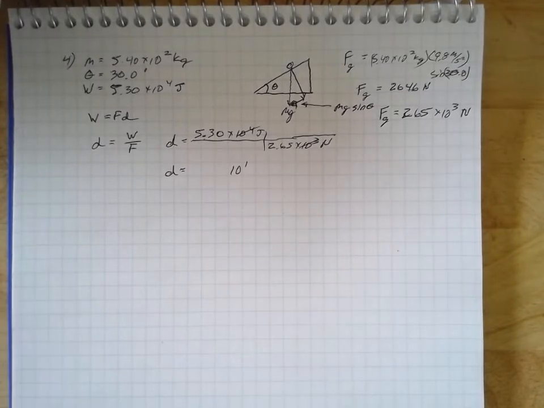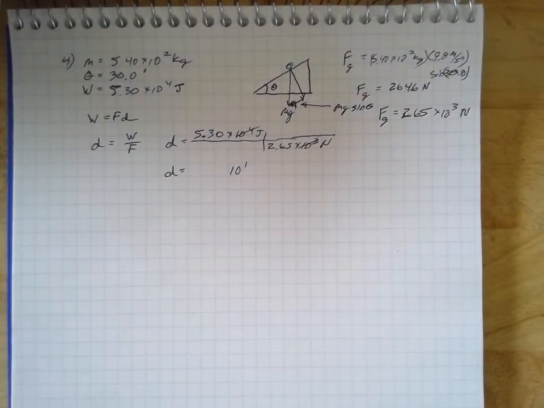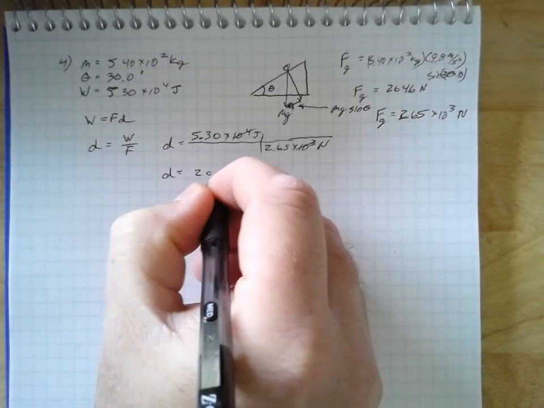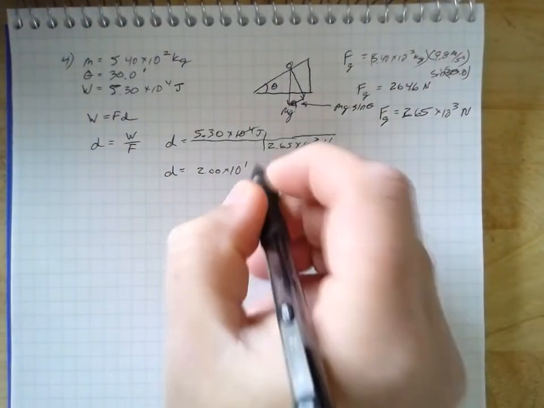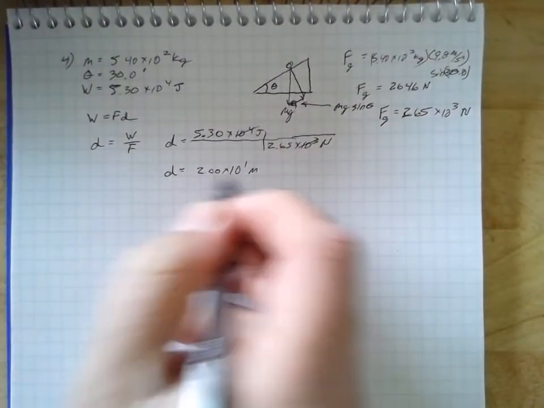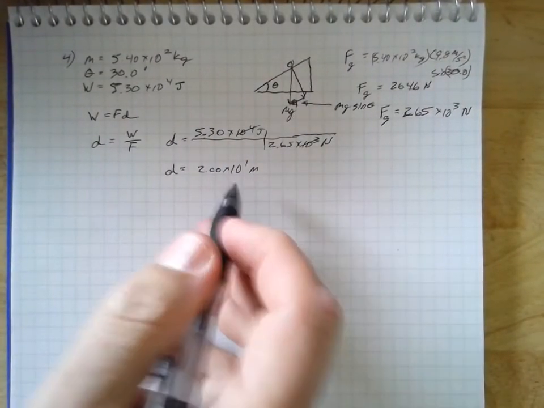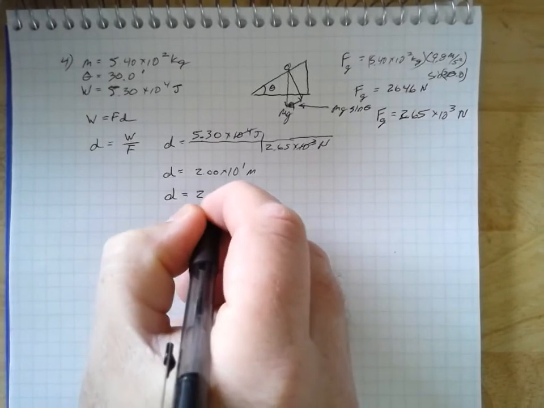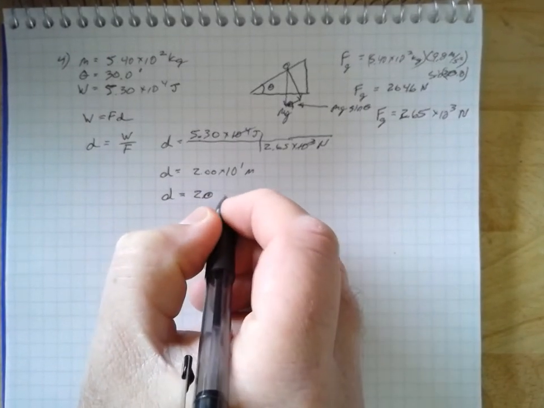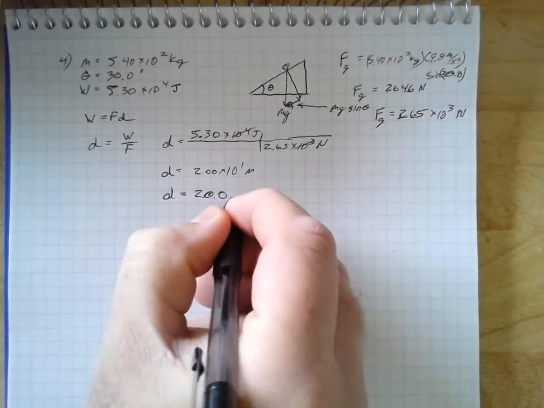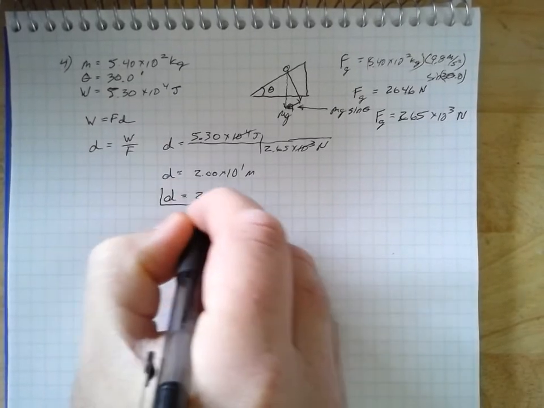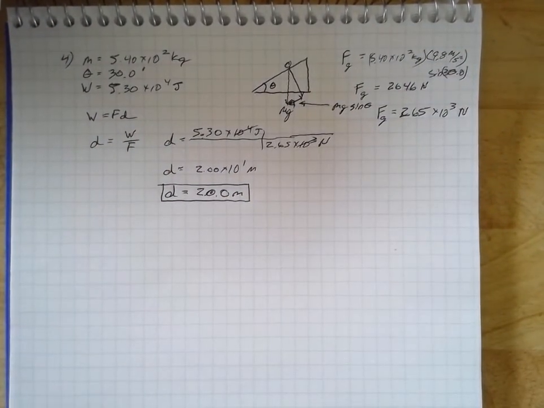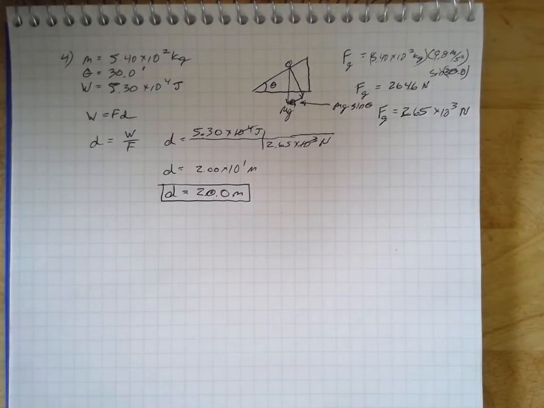You can use your calculator, that's fine, but this turns out to be 2. So this becomes 2.00 times 10 to the 1 meters. And 10 to the 1 is 10, so 2 times 10, and that is a distance of 20 meters, 20.0 meters. And that is the answer. So this cannonball rolls down 20 meters.